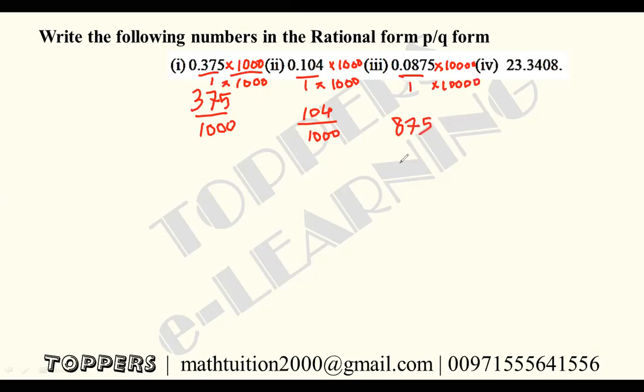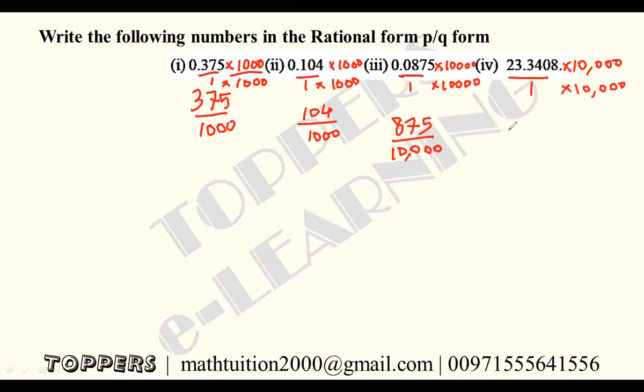So this will change into 875 divided by 10,000. Here after the decimal we have 1, 2, 3, 4 digits. So multiply the numerator by 10,000, denominator by 10,000.